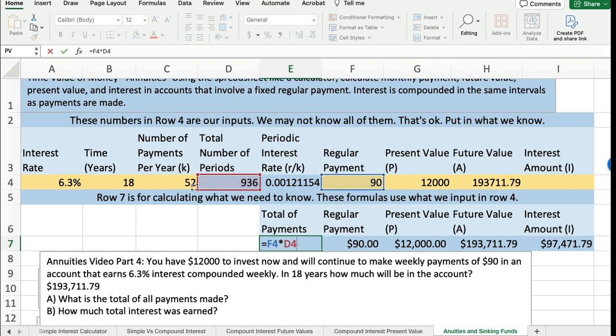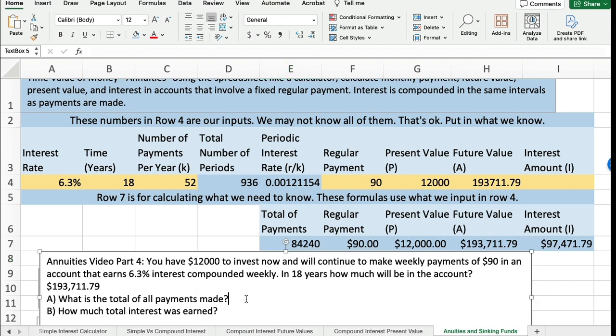So in 18 years, 52 weeks. 52 weeks times 18, that's 936 payments that we're making of $90 each. So it's just multiply those two numbers. And the total of all of our payments made is $84,240.